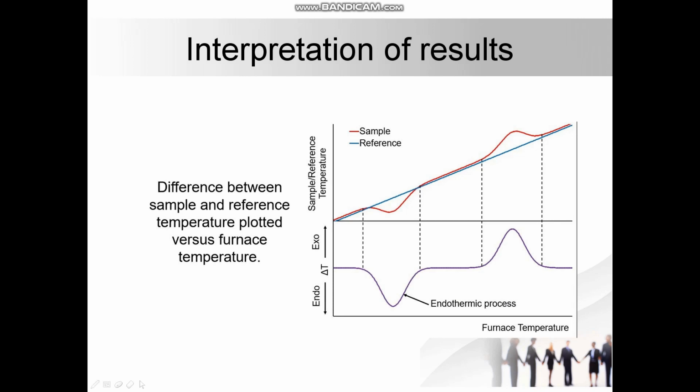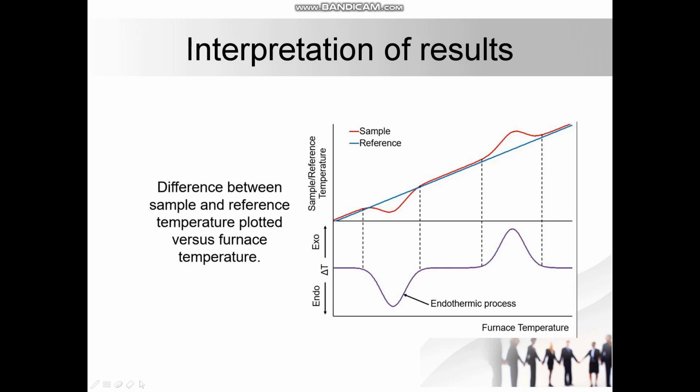So when the sample and reference are heated inside a furnace, there is linearity in the rise in temperature of the reference. Whereas in the material that we want to assess, which we are calling the sample, you can see some jerks below and above the reference line.